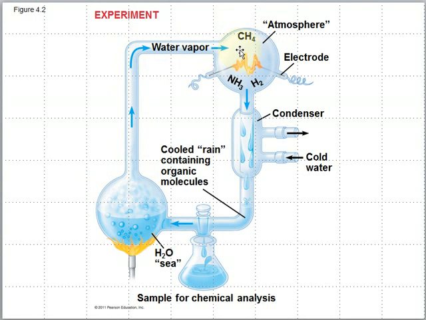In the second flask, there was a mixture of gases, hydrogen and ammonia and methane and other gases that would have been similar to the atmosphere of early Earth. Then he introduced electricity, a form of energy, by inserting electrodes in here and firing those off, somewhat to simulate lightning or some other input of energy which could naturally occur.